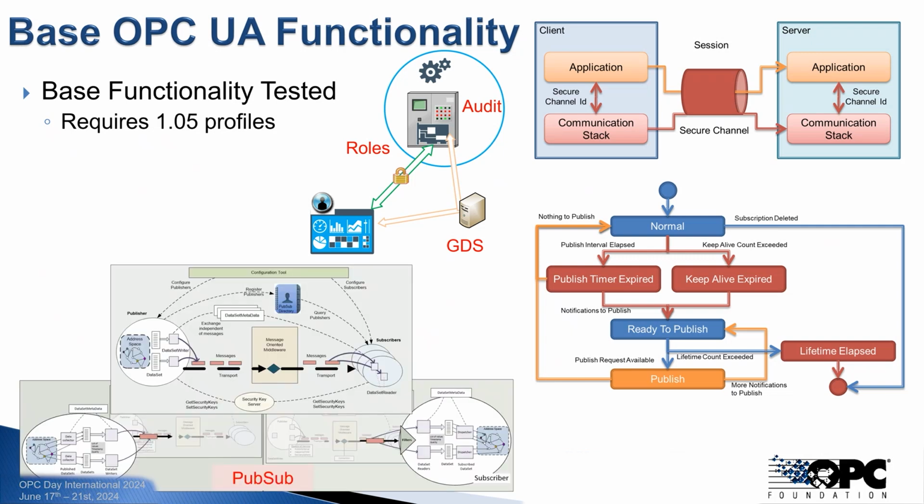So there's a fairly large set of testing for pub/sub communications. The controller requires the fixed profile communications, but these are all sort of basic UA functionality that is tested as far as testing your UAFX product.